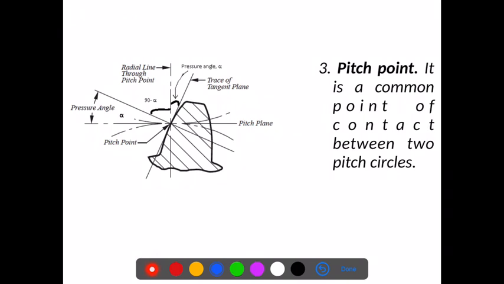So if I consider this is the pitch circle of the first gear and this is the pitch circle of the second gear, wherever these two pitch circles meet each other, this is called the pitch point. So the pitch point is a common point of contact between the two pitch circles.